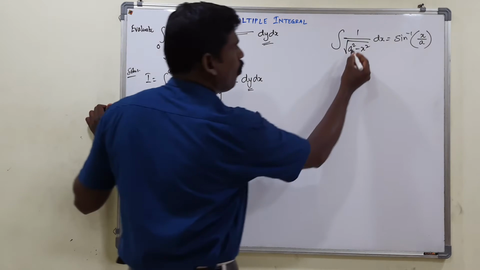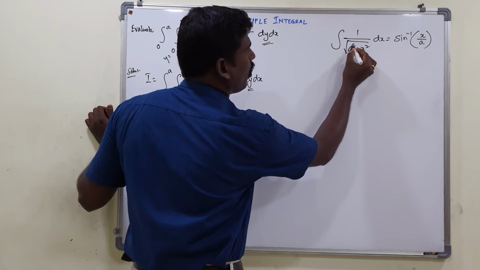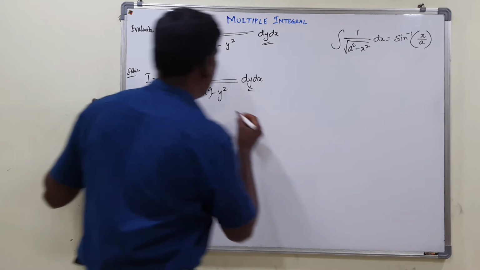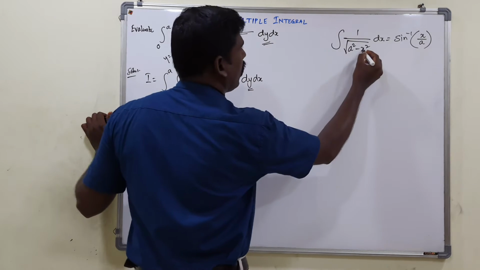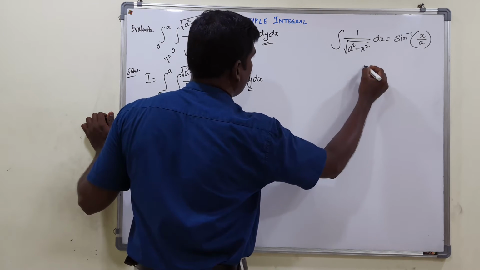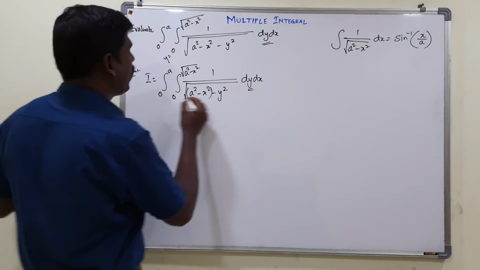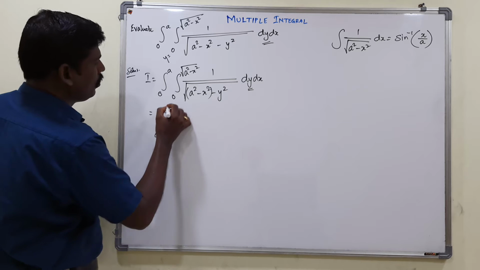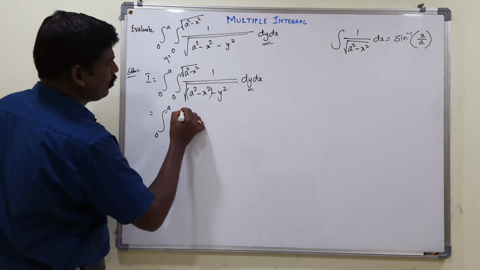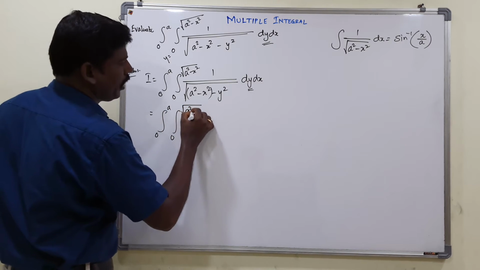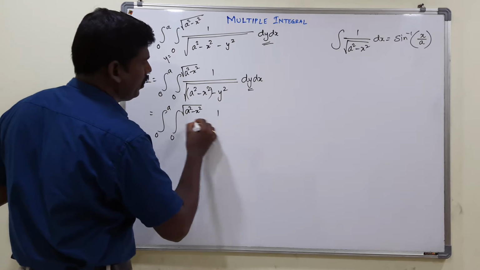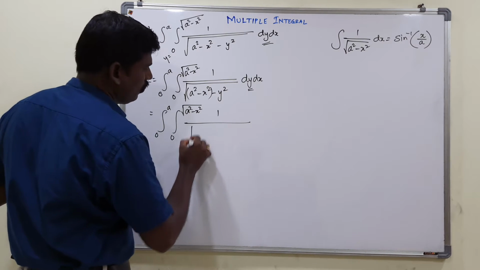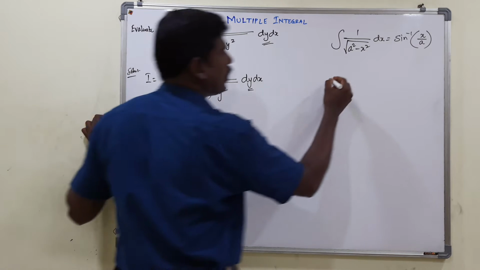Now I want a constant square minus x square. So here y is in the place of x. What is a? A can be taken from the integral 0 to a and then the integral 0 to root of a square minus x square, 1 by root of this a square minus x square.